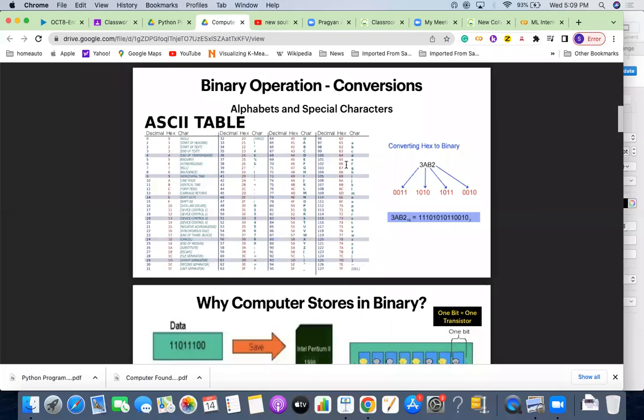So why does this ASCII table come in? Because this is a standardization. Whenever there is a necessity of standardization, for example, if you are using ARM and the ARM processor converts something differently, and with PowerPC it is storing something else, or a different operating system, different computers, if everybody is behaving differently, then there is no uniformity.